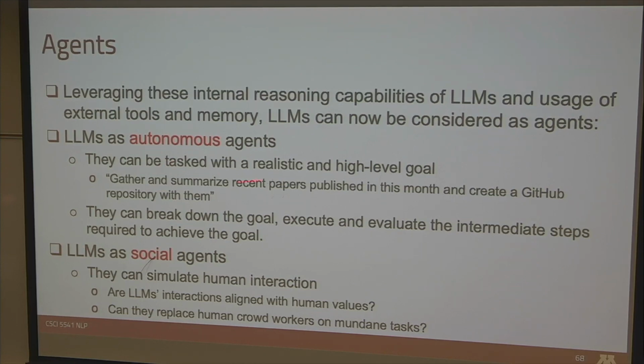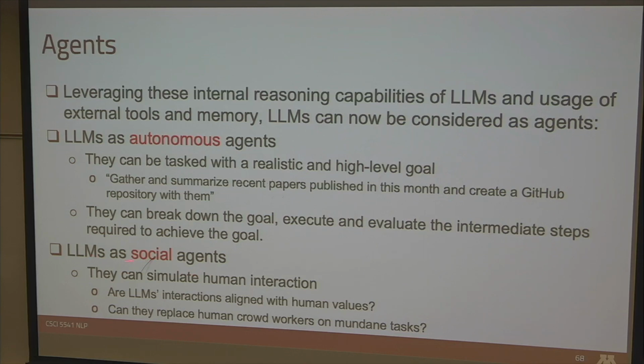As I said, they are tasked with realistic, high-level goals, like gather and summarize recent papers published this month and create a GitHub repository using the summarization. As you can see, there are multiple steps to be met, right? And LLMs can now, to some extent, handle these kinds of goals by breaking them down into sub-goals and validating whether their intermediate results are correct or not.